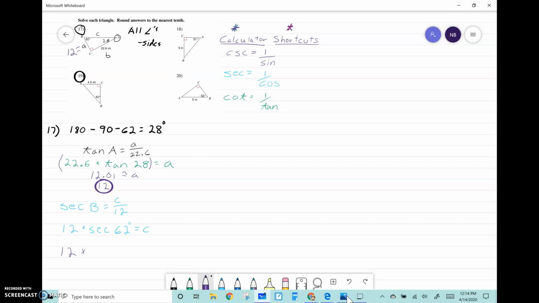So I'm going to say times 1 over cosine 62 equals side C. Now, when you type all that into your calculator, you're going to get 25.6. And that is side C.